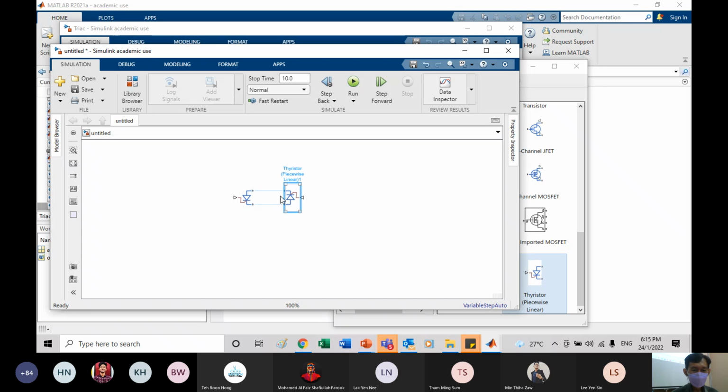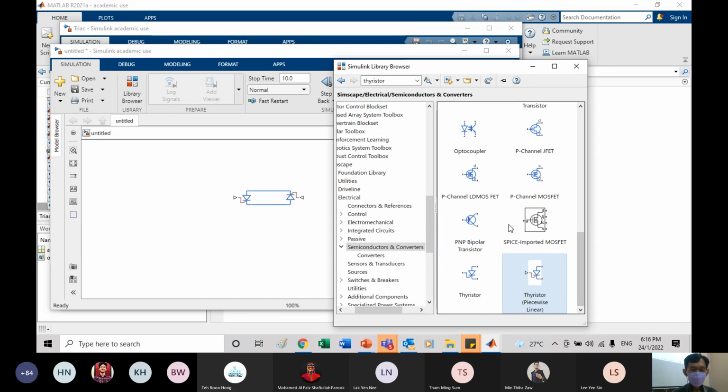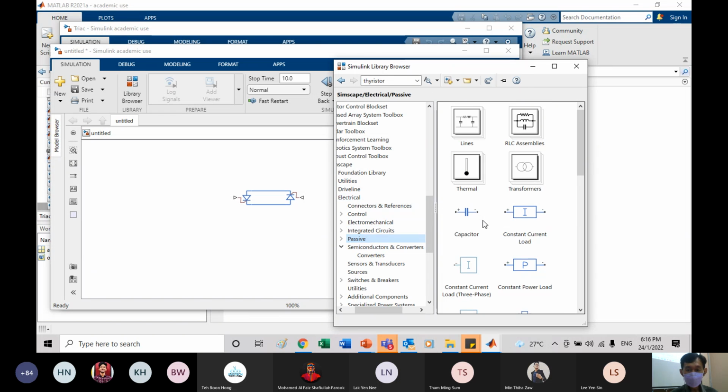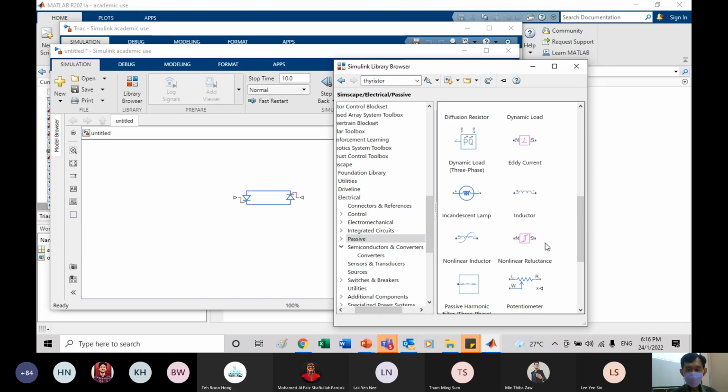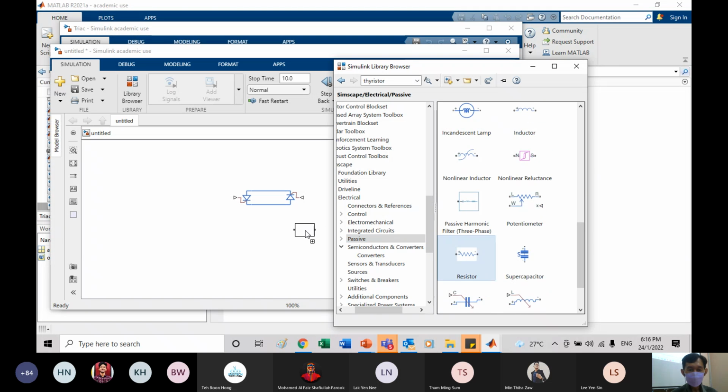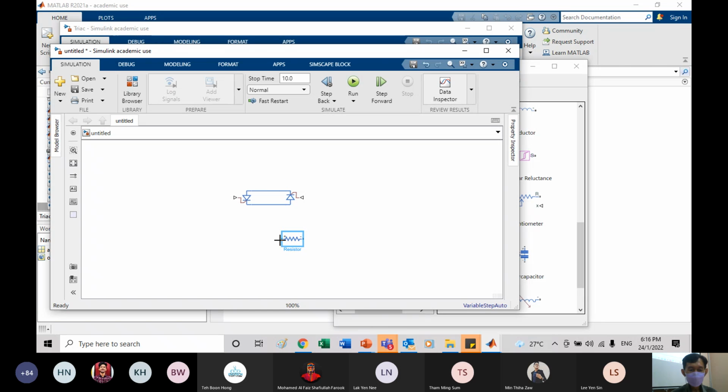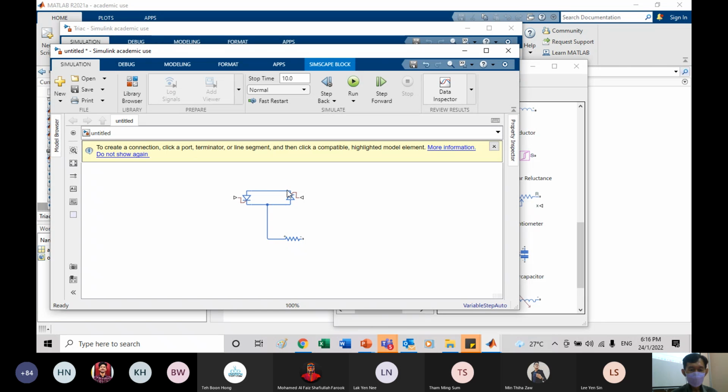Okay, then you can do the connection. Let's say I just simply, where's my resistor? Okay, just a quick example only. You know how to do that. You connect.